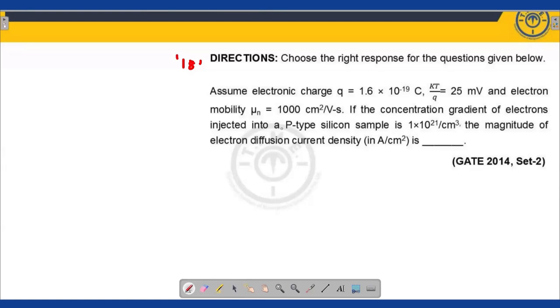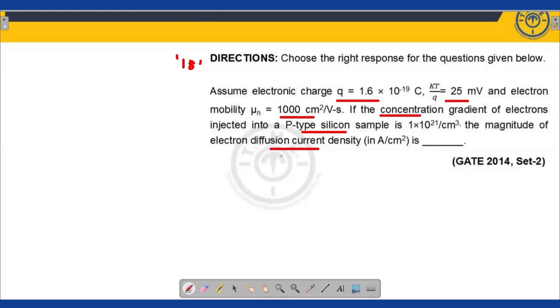This question was asked, my dear friends, in 2014 set number 2. Here charge q is given, kT by q is given, mu n is given, and the concentration gradient of electrons in a p-type silicon sample. He is asking for the magnitude of the diffusion current density.